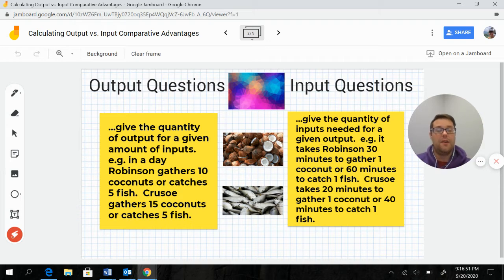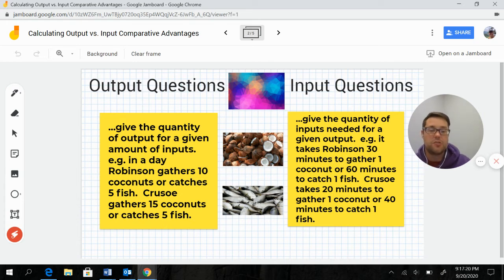The way I phrased it in this question is how long does it take to gather one coconut, or how long does it take to catch one fish? Most frequently, input questions will give you a number of minutes or a number of hours to produce one of whatever you're talking about, in this case, coconuts and fish.